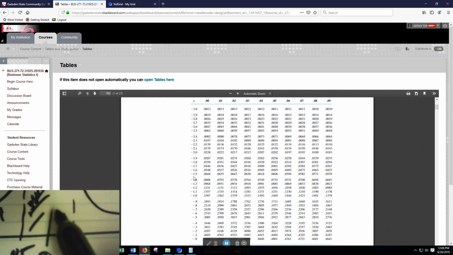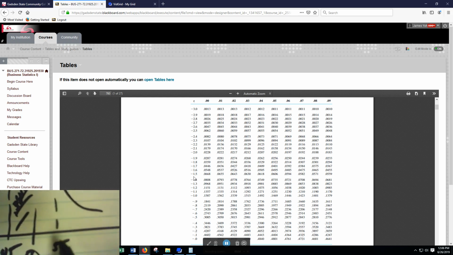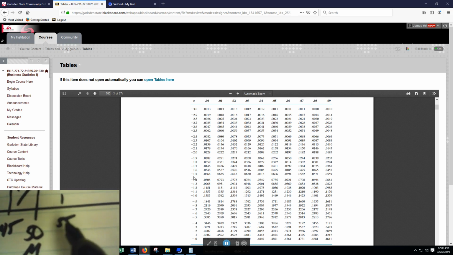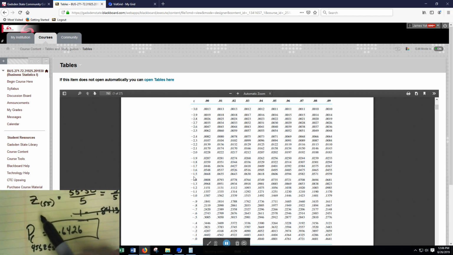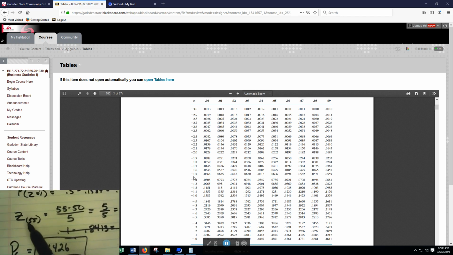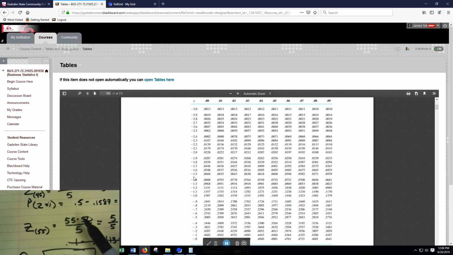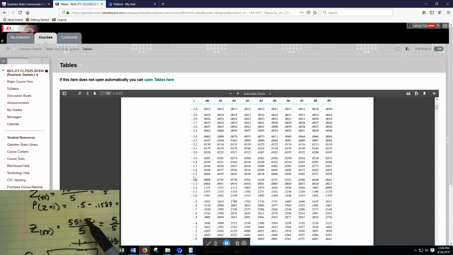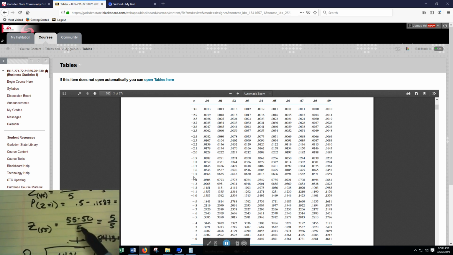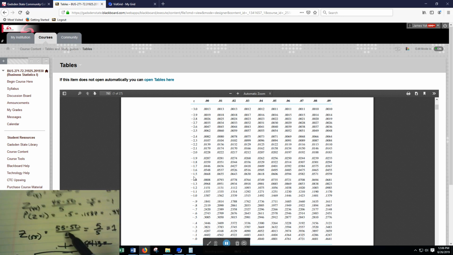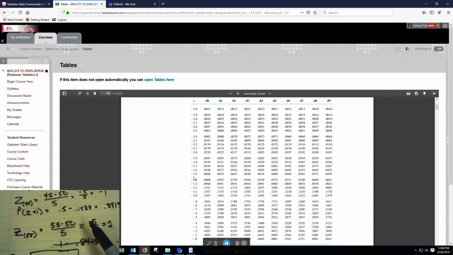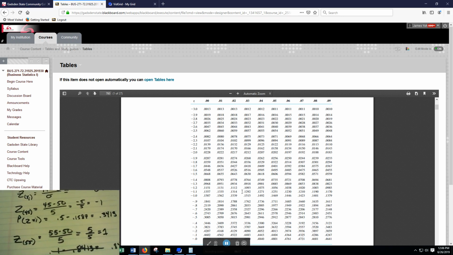Now we want to find the probability to the right of the mean up to 55. So we'll calculate the z for 55. That is equal to 55 minus 50. That's x sub i, which we said was 55, minus the mean over the standard deviation of 5. That gives us 5 over 5, or positive 1.